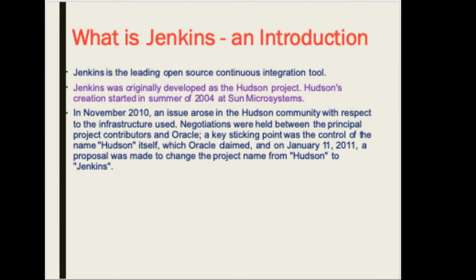Six years down the line, in 2010, there arose an issue in the Hudson community with respect to the infrastructure used. There were some negotiations held between the project contributors and Oracle, and then in 2011 this project from Hudson was renamed as Jenkins.